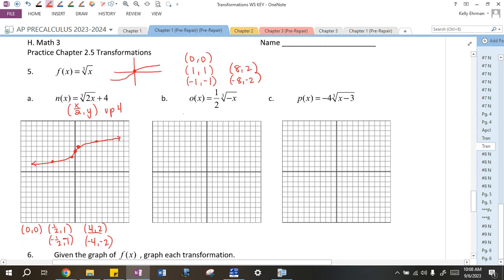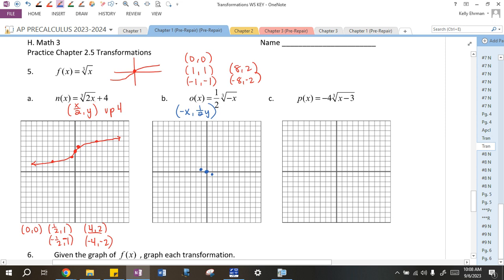Okay. For this one, every x will get divided by negative 1, and every y will get multiplied by 1 half. And then nothing else happens, so I don't think I'm going to write out the points for this. I'm just going to say 0, 0, and then I'm looking at these points and going from there. So I'm going to get negative 1, positive 1 half, and then positive 1, negative 1 half.